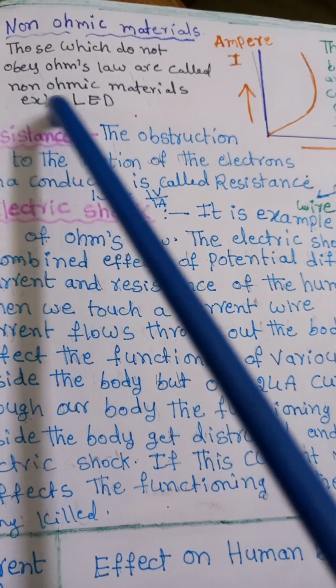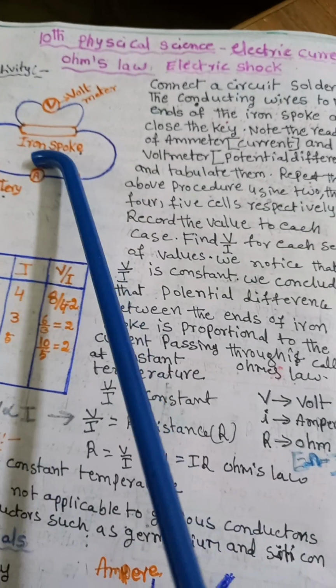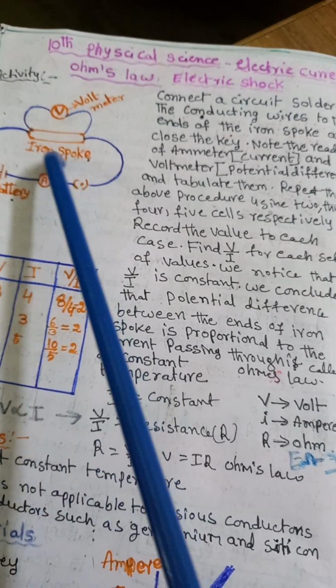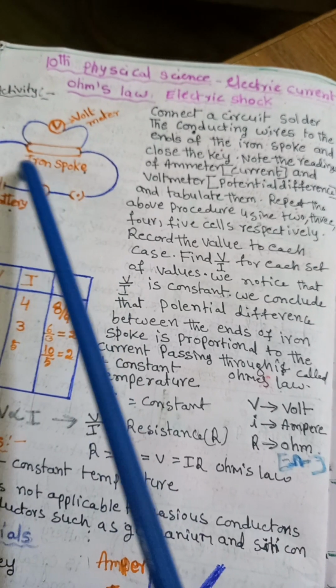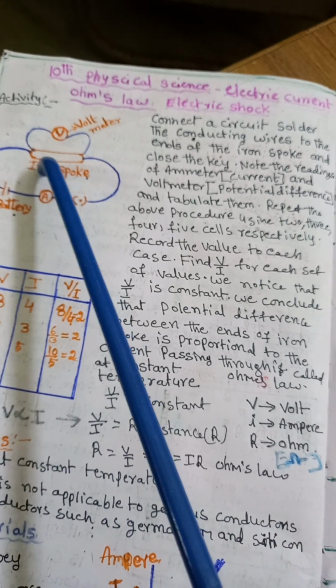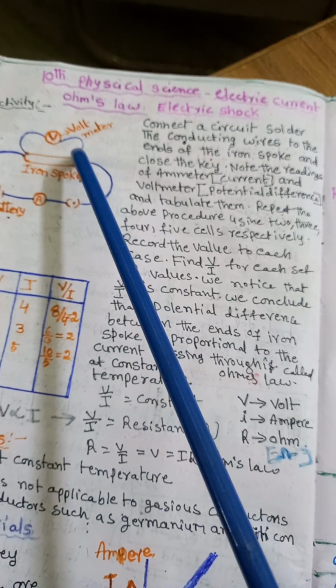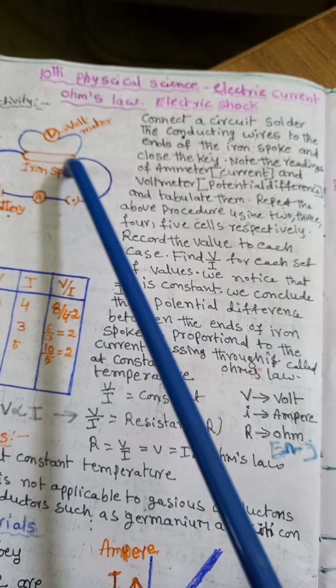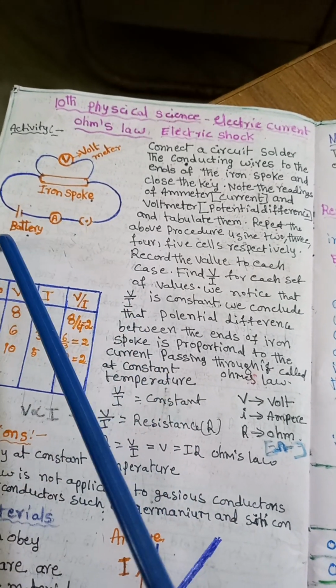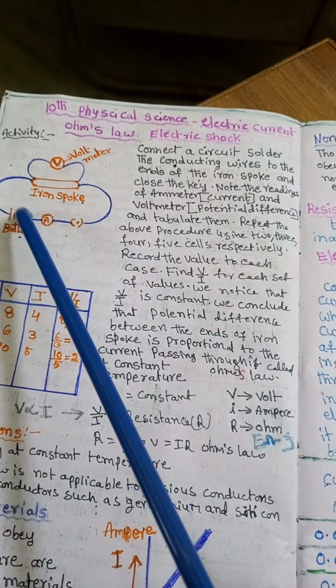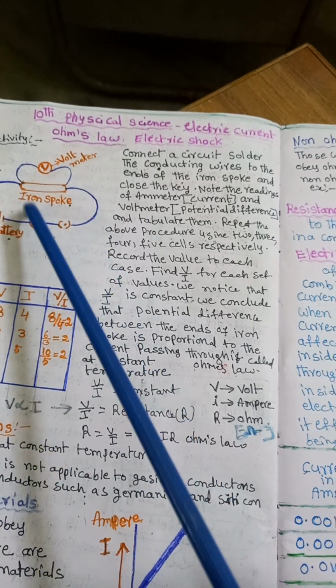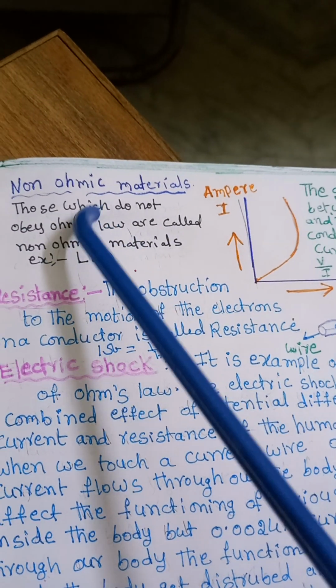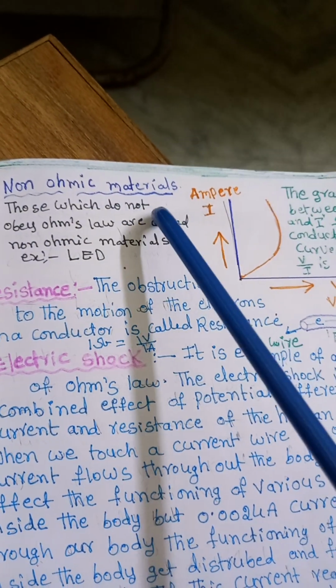Here, instead of the iron spoke, we use lead. Then no potential difference is created across the lead, and current is also not passed through the wires. So these materials are called non-ohmic materials.